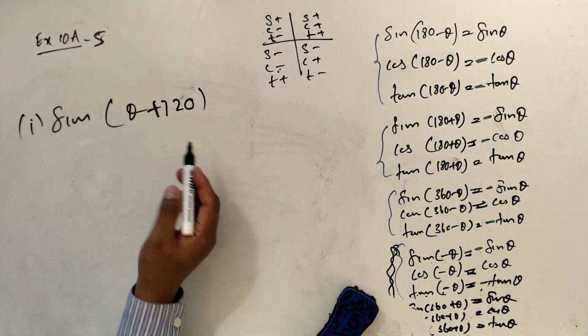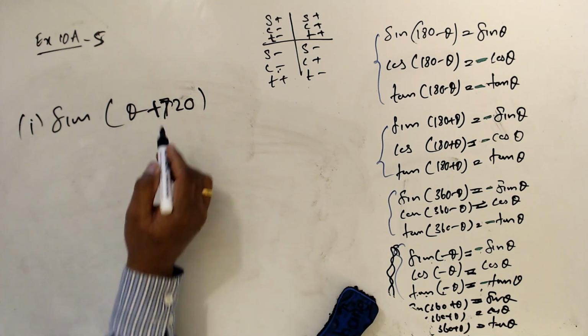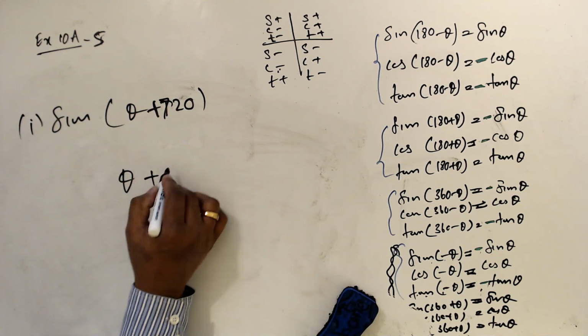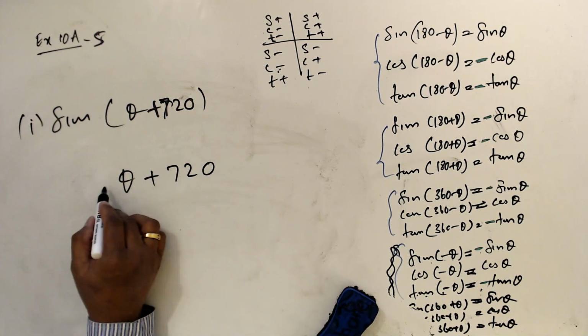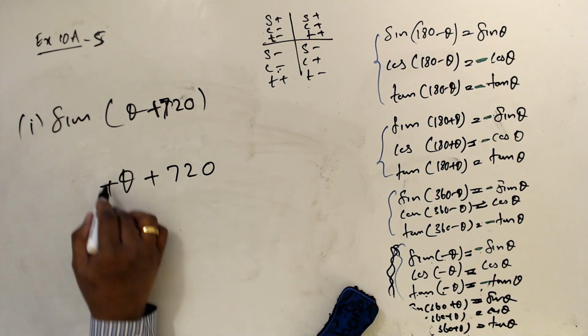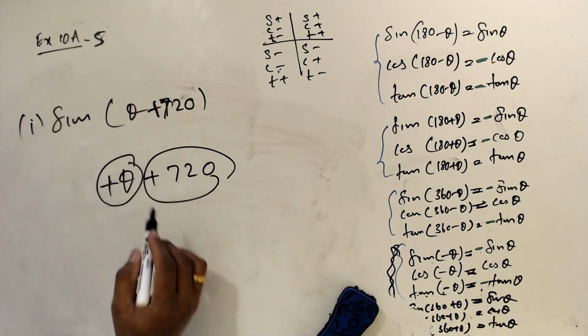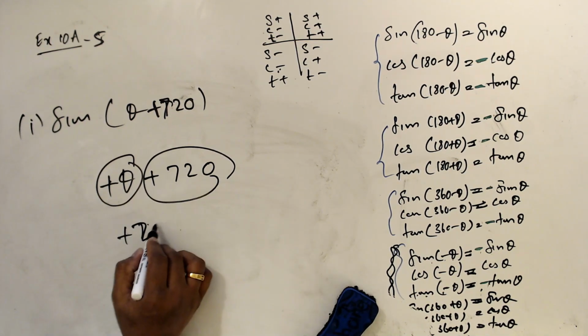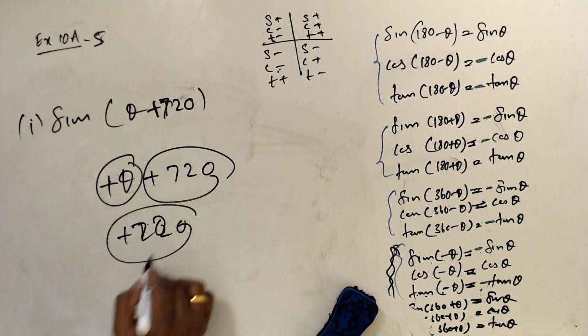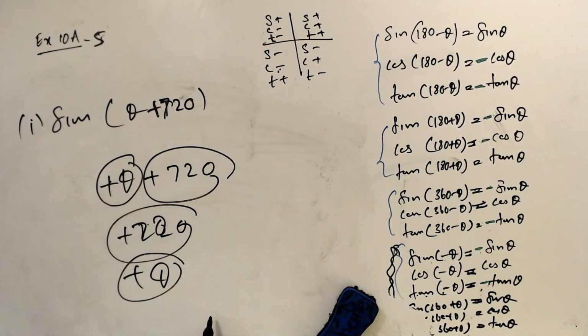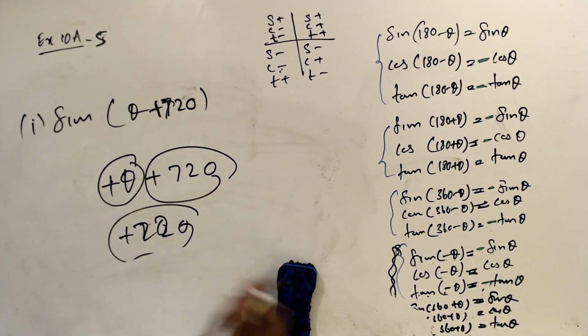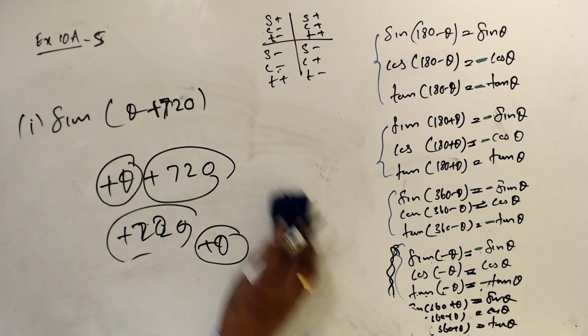Sine theta plus 720. Theta plus 720, what is this symbol? Plus theta. So I can write this part and this part separately, plus 720, and I can bring this one to the bottom, or I can bring this plus 30 to the side.